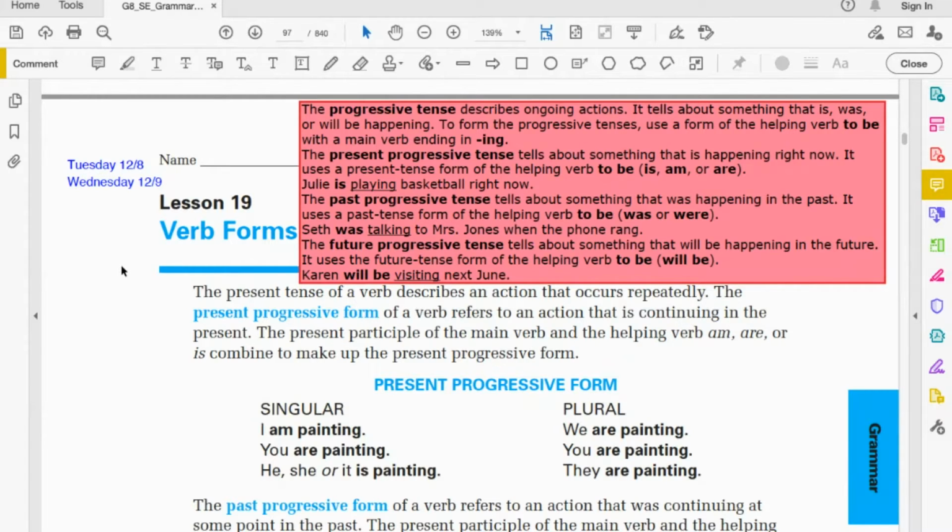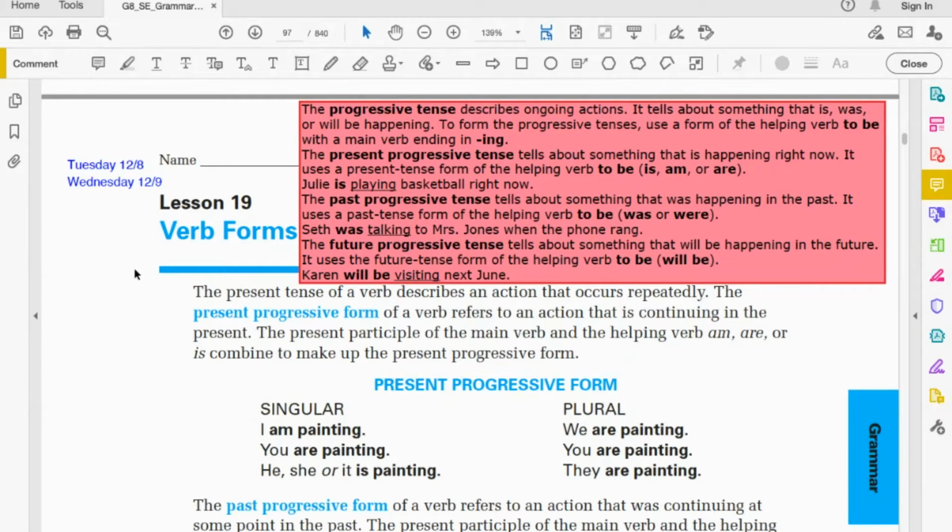And by adding ed to the verb and a helping verb, we get the past participle. Today, we're going to use that present participle form to make the progressives. And it really follows the same pattern throughout each of the three forms.